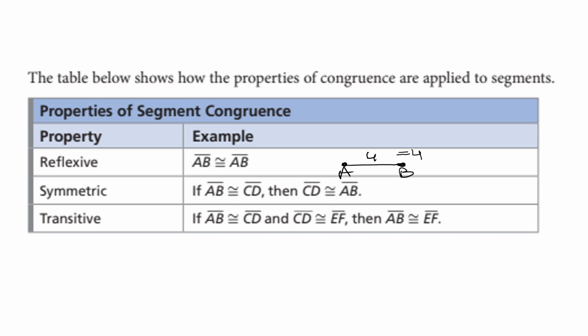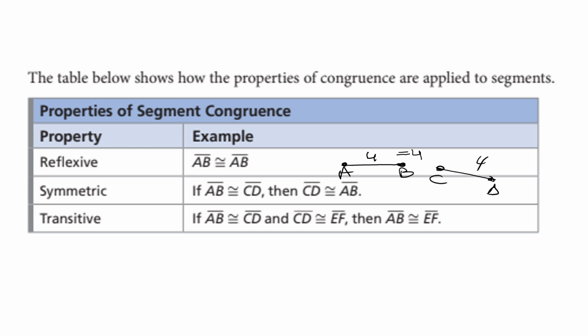Symmetric property: if AB is congruent to CD, that is, AB is 4 and CD is also 4, you can say that CD is congruent to AB. If AB is congruent to CD, then of course CD is also congruent to AB.